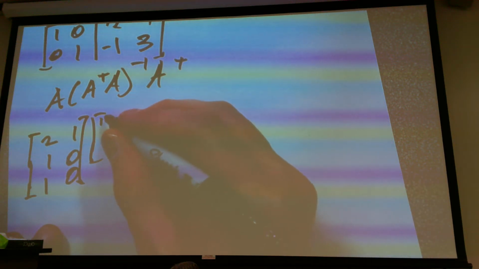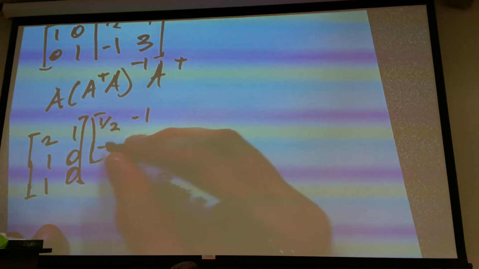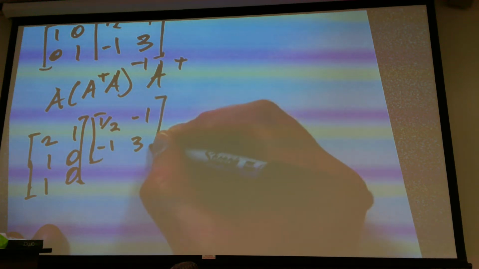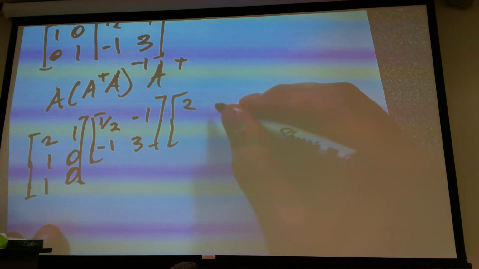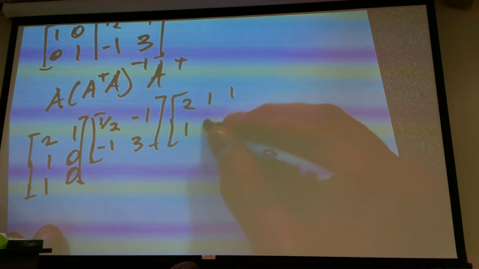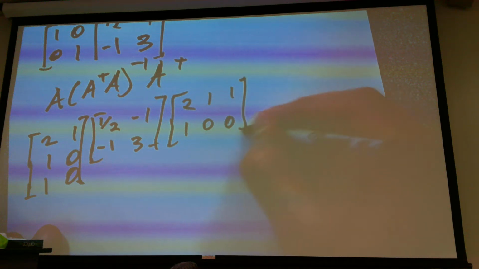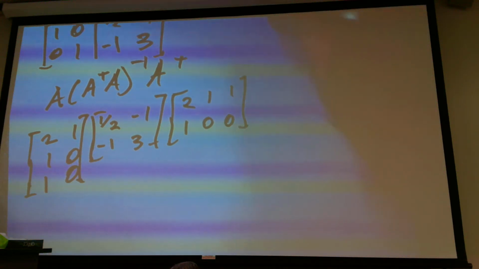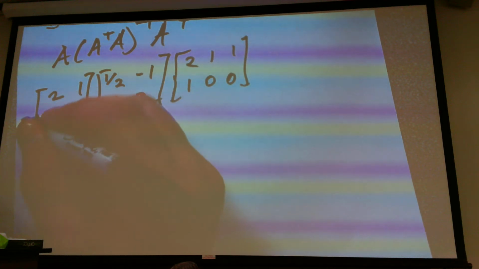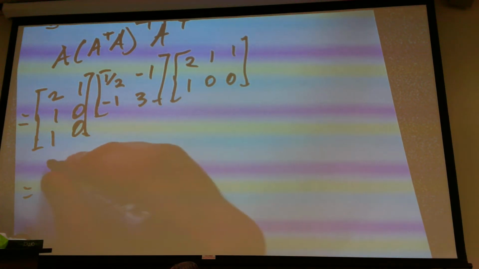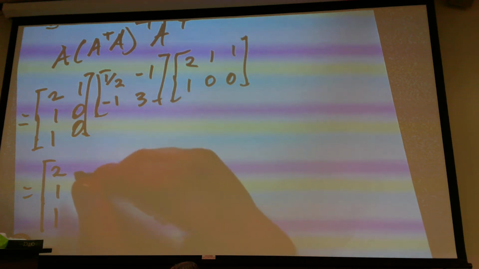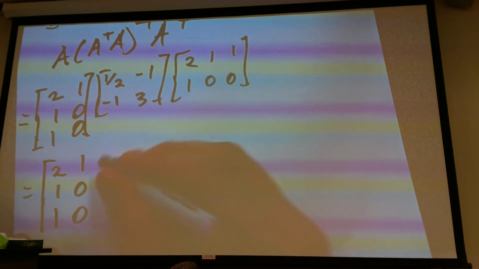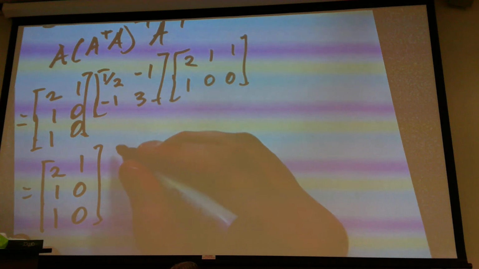Now 1/2, -1, -1, 3, acting upon 2, 1, 1, 1, 0, 0. These things are equal. So that's going to be equal to 2, 1, 1, 1, 0, 0.